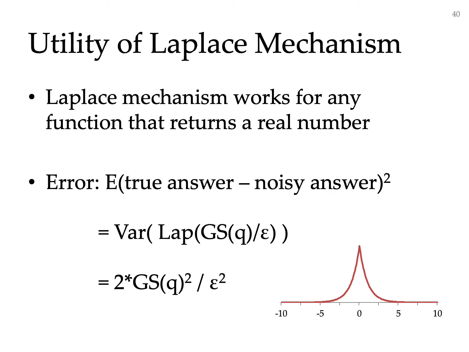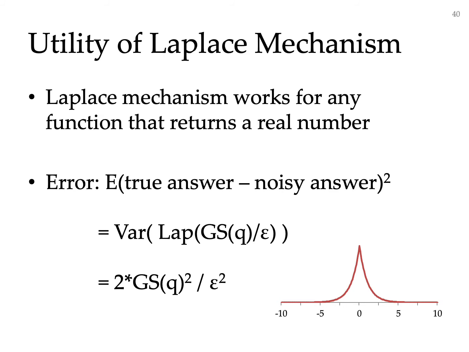To learn about the utility, we formulate query error as the expectation of the squared difference between the true and the noisy query answer. Then we can learn that the error is actually the variance of the Laplace noise added to the true answer, which equals 2 times the square of the global sensitivity divided by the square of epsilon.